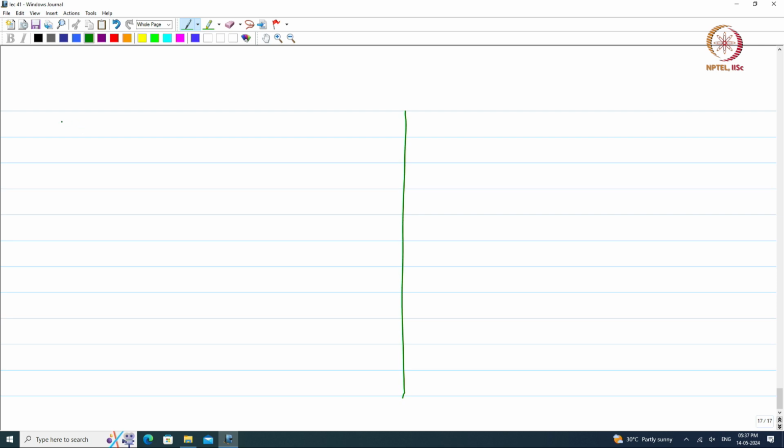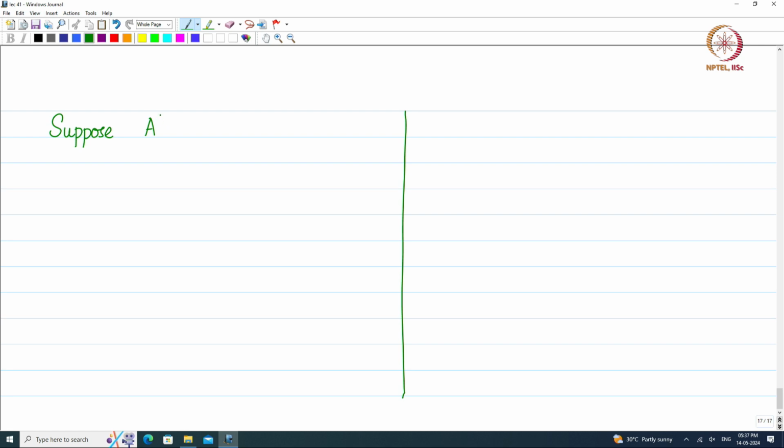So let us consider this. Suppose A is a 2 by 2 real symmetric matrix. I am just going to consider a 2 by 2 case, and this is going to work for any higher dimension matrix also, if the matrix is real symmetric and has distinct eigenvalues. So we are going to prove this.